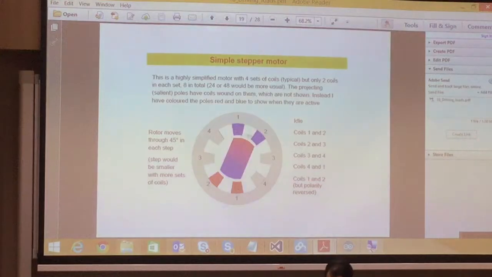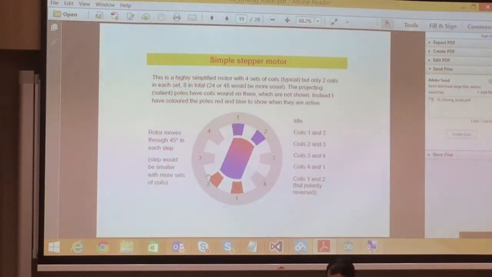Now, at the next moment, I turn off coil 1 and activate coil 2. Because coil 2 is activated, your motor needs to turn to align to coil 2.